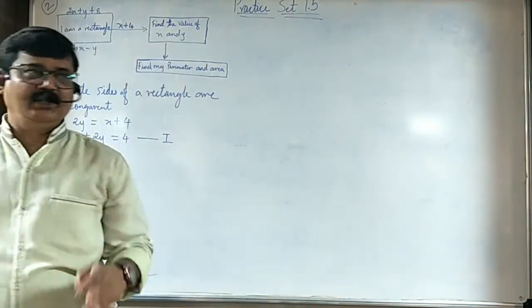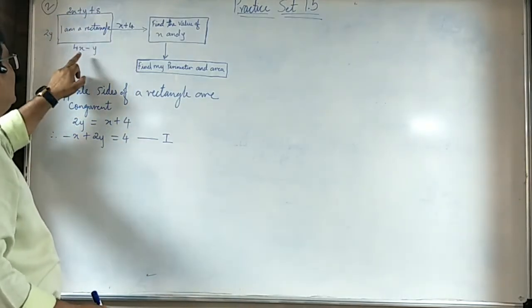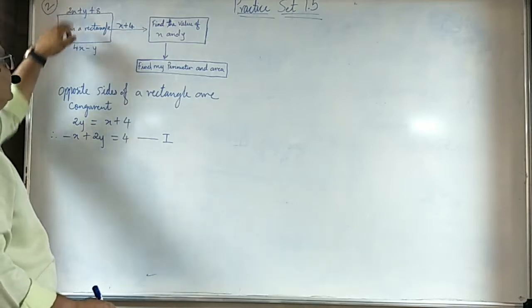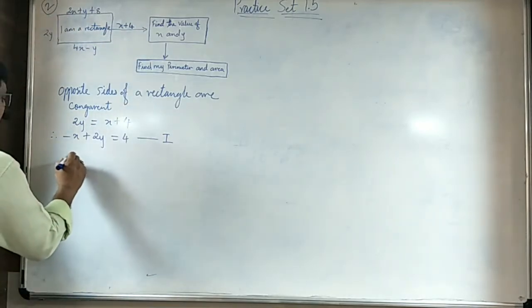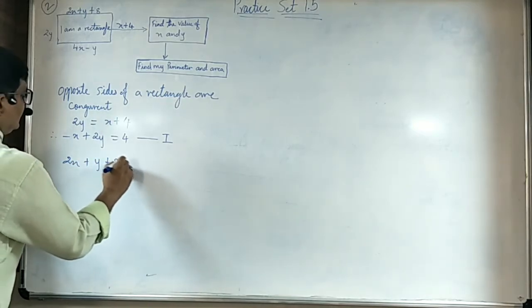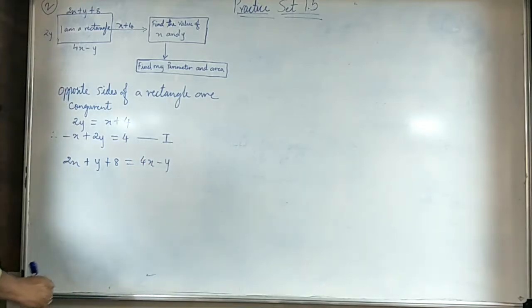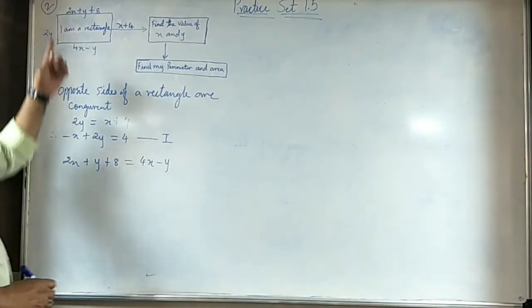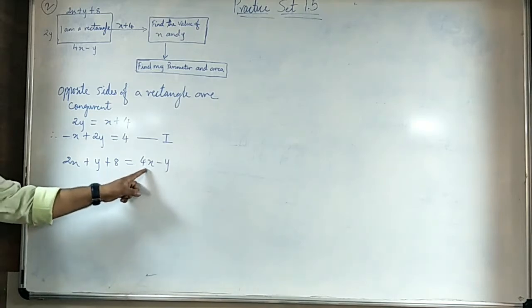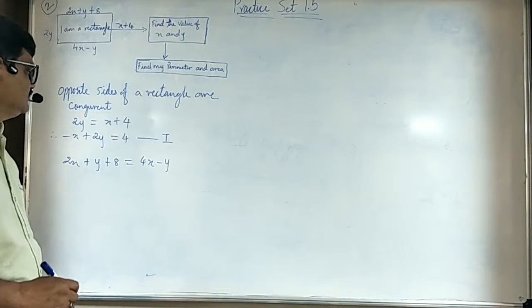Now if you check the next one, 2x plus y plus 8 and 4x minus y, they are opposite. So can I have their measurements equal over here? So this will be 2x plus y plus 8 is equal to 4x minus y. Now when they are opposite, you have to get it into the standard form.